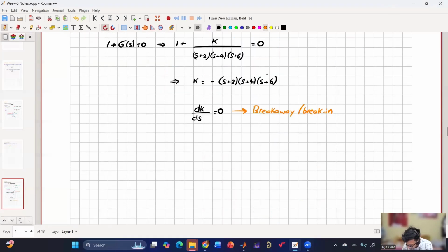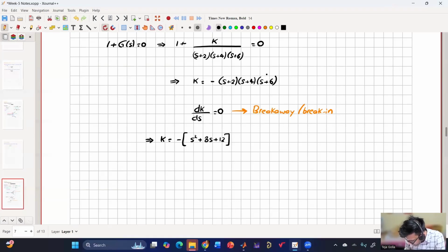So let us first calculate k, expand it. Minus, let it be there outside. First I will multiply s plus 2 and s plus 6, so I'll have s square plus 8s plus 12. Then if I multiply by s plus 4, I will get k equals minus of s cube plus 8s square plus 12s, plus 4s square plus 32s plus 48.